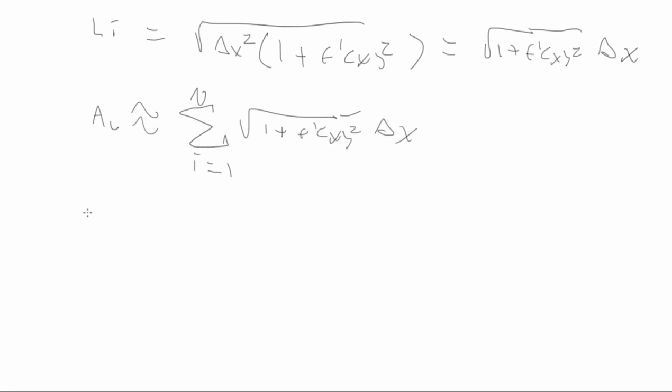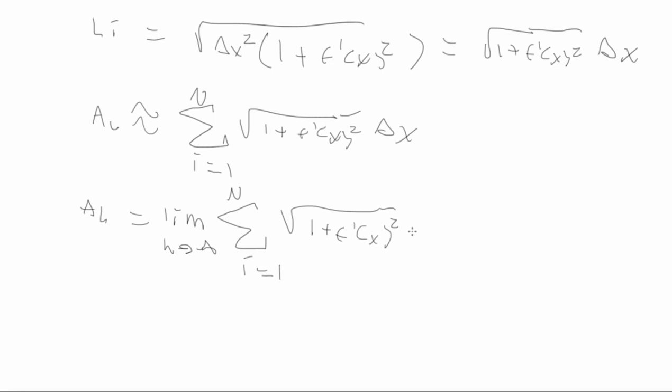So the exact arc length is equal to the limit as n approaches infinity of the sum from i equals 1 to n of the square root of 1 plus f prime of x squared times delta x.